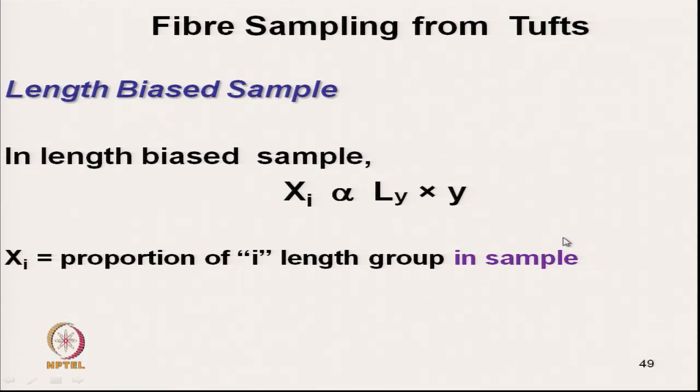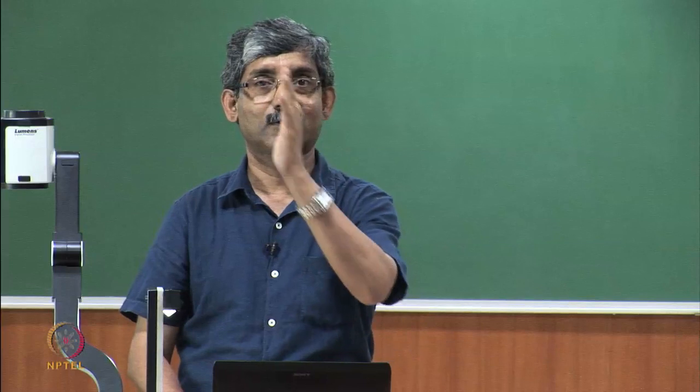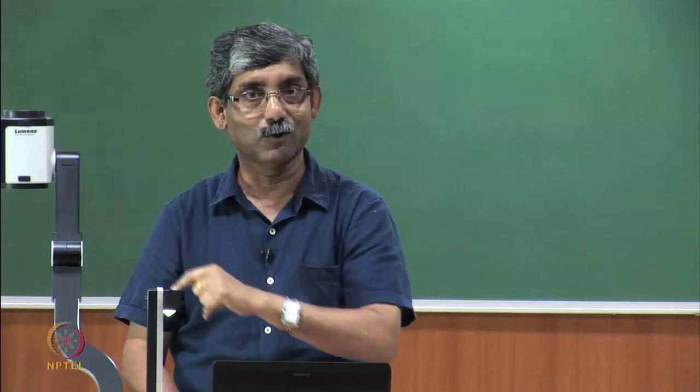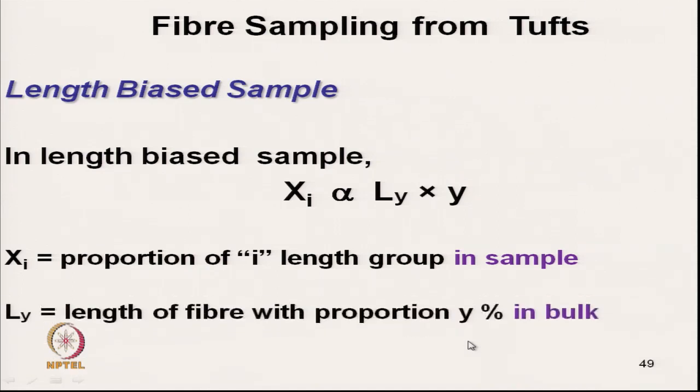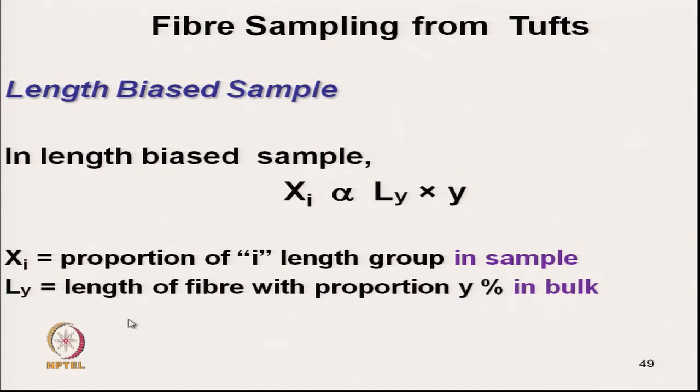If we take the length bias sample from the bulk, there are different length groups: 10 millimeter, 20 millimeter, 30 millimeter length group. So, this is the proportion of the i-th length group in the sample, and L_y is the length of fiber with proportion y% in bulk.